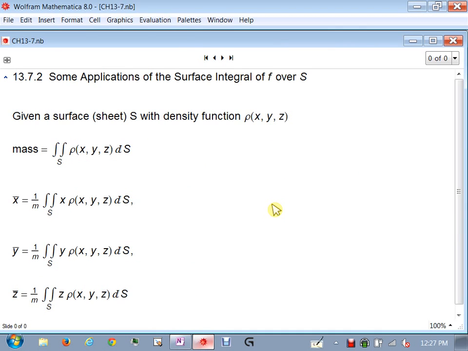Some applications of surface integrals of f over s. Oh, wait a minute, hold on. I gave you how to do that problem. That's take home, right? The one with the integral, that one hasn't been turned in yet, right? The one I said do the problem with spherical.